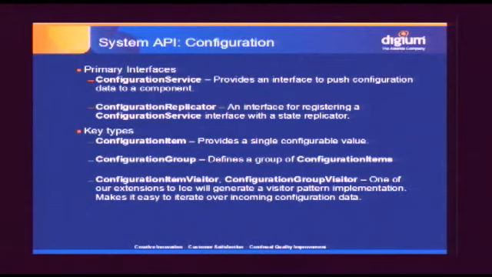What this does in the configuration case is make it very easy for you to iterate over configuration data that's being pushed into you. There's a visitor already implemented for you, so all you do is implement the basic callbacks for each one of the visit methods for those items.